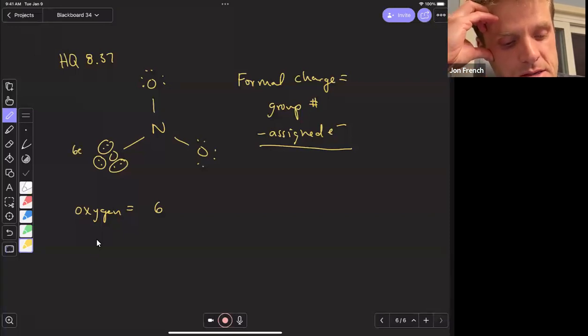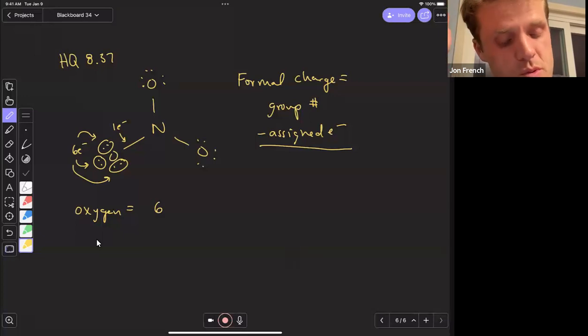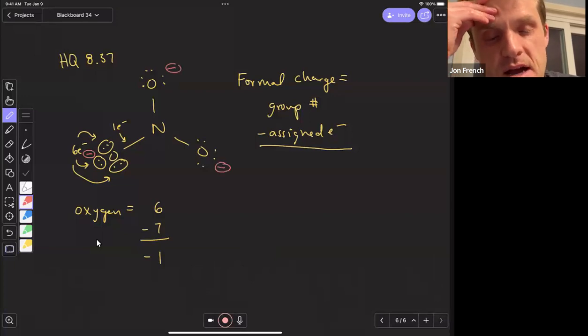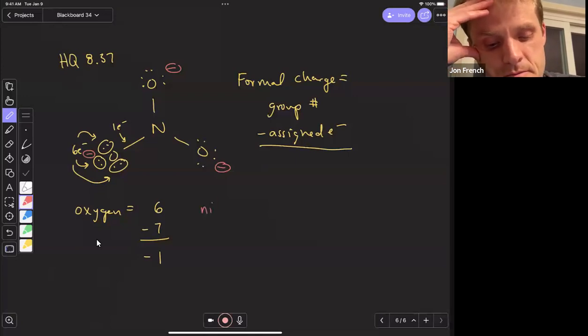So I've got 6 electrons here, and then 1 electron in this oxygen-nitrogen bond that belongs to oxygen. So for the charge on oxygen, group 6, minus 7 assigned electrons. Oxygen in all these cases is minus 1 because all of these oxygens are group 6 and they all have 7 electrons assigned.